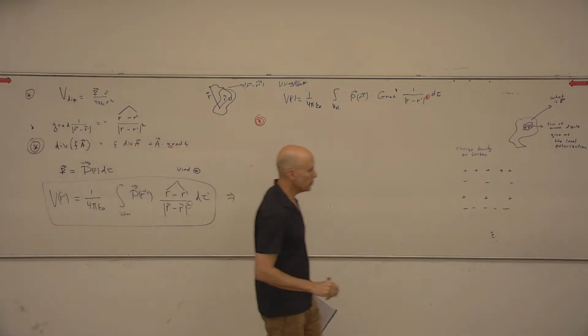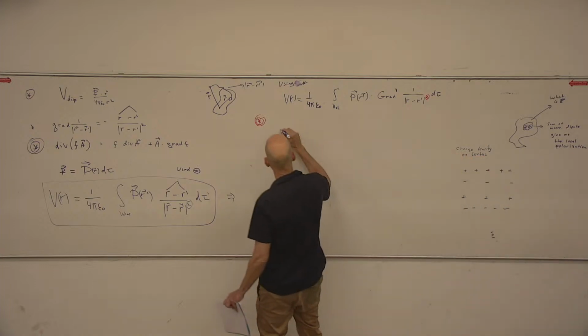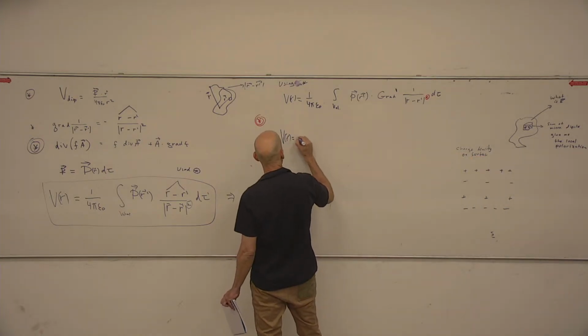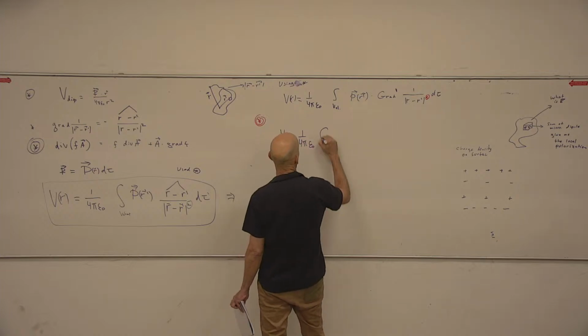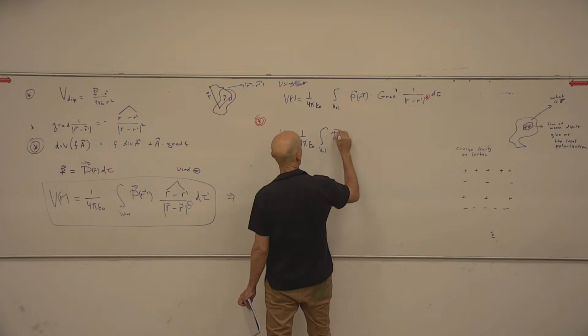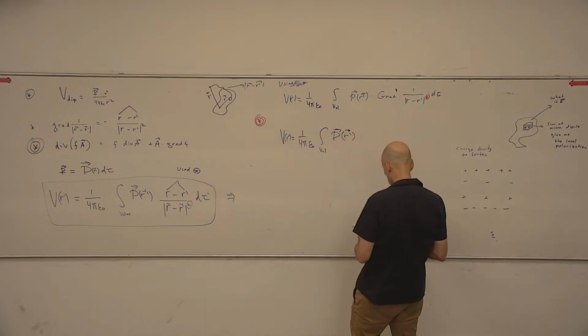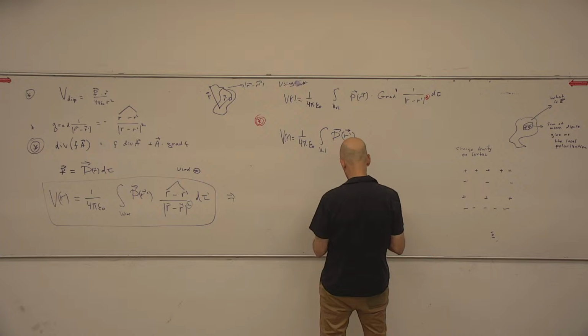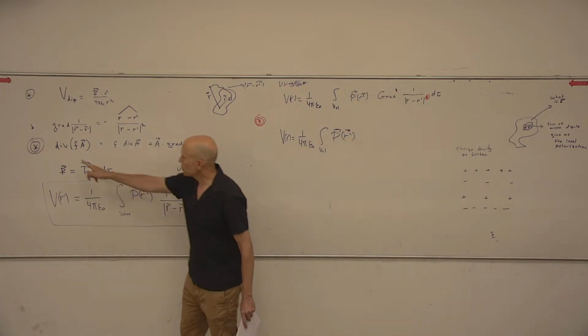Okay, that's very simple now. So this is equal to V of r, 1 over 4 pi epsilon 0, integral over the volume. Now I have two terms. P of r prime, the polarization field, times... Okay, so the first term is this one actually.